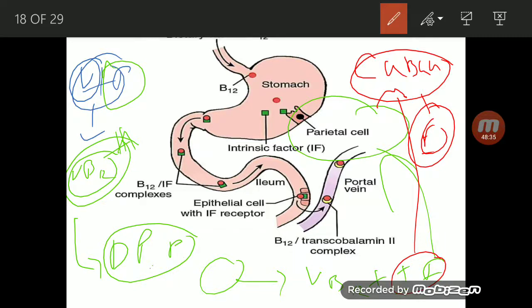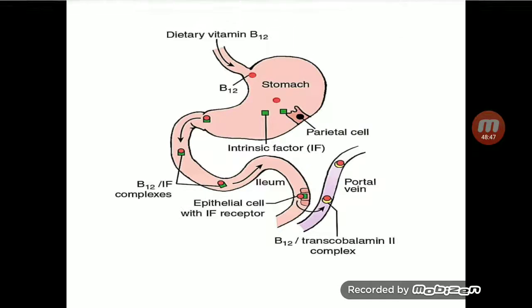After it enters into your cell, it goes and binds with your transcobalamin. So you get the vitamin B12 transcobalamin 2 complex, and it is transported throughout your body. This is how it is normally taken inside your body.